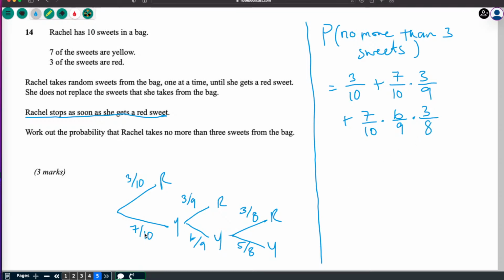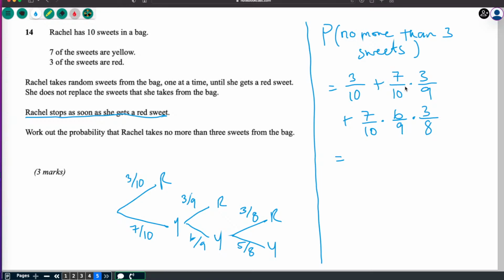So that's the possibility of getting a yellow, yellow, then a red. And this will give us our answer, so we just need to simplify this, and that should give us our final result. There is another way to do this if anyone wants to point that out.